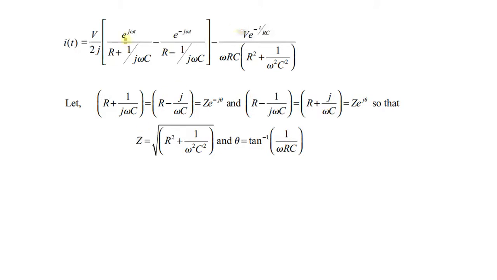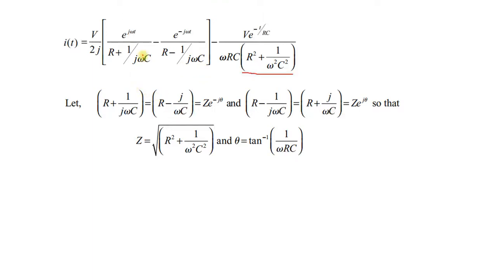I take R plus 1 by j omega C as Z into e power minus j theta, and R minus 1 by j omega C is replaced as Z into e power j theta, so that Z is equal to the square root of R squared plus 1 by omega squared C squared. So this term is replaced by Z into e power minus j theta, and this term is replaced by Z into e power plus j theta.